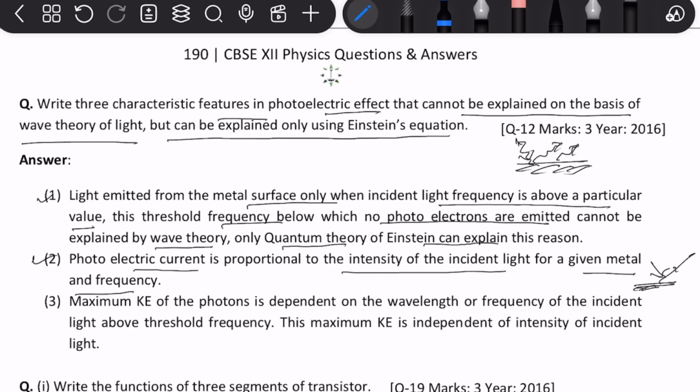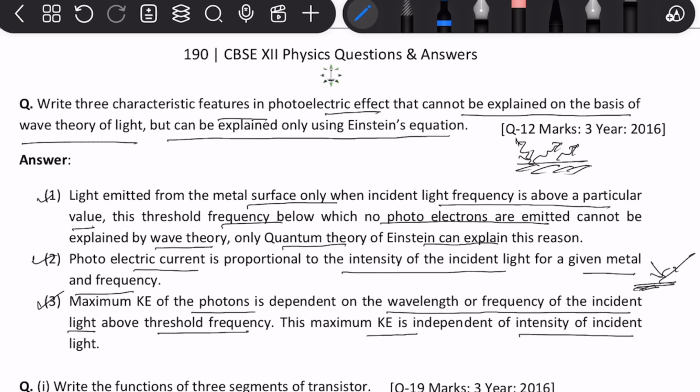Third, the maximum kinetic energy of photoelectrons depends on the wavelength or frequency of the incident light above threshold frequency. This maximum kinetic energy is independent of the intensity of the incident light.